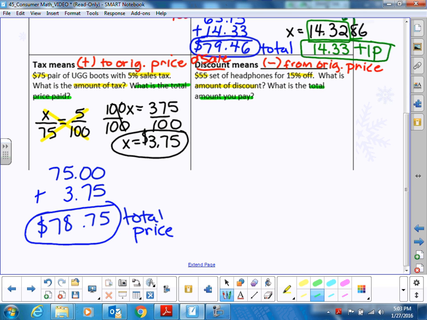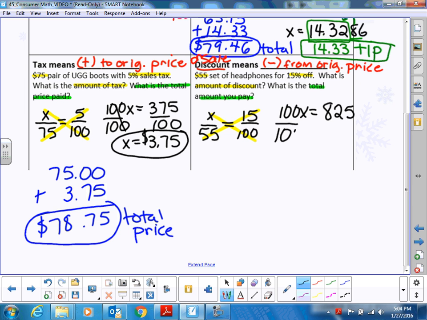So let's set up our proportion. X over our original price, which was $55. Our discount is 15% off, so we're going to put that over 100. Cross multiply. So we have 100 times x, and then 55 times 15, which is 825.